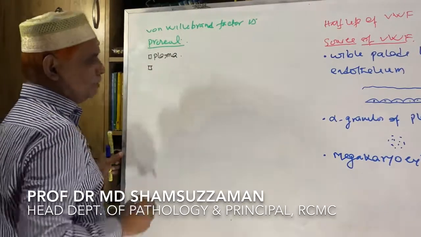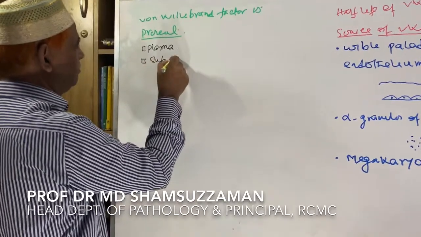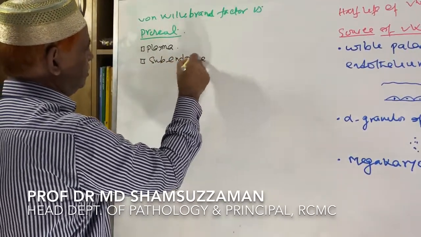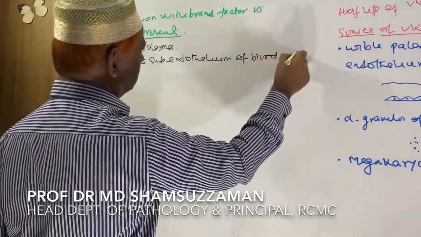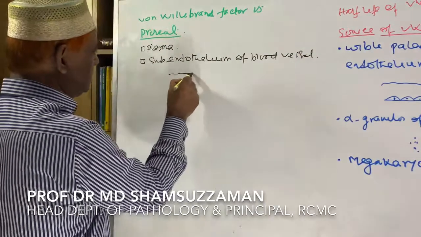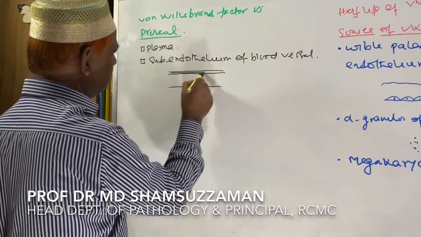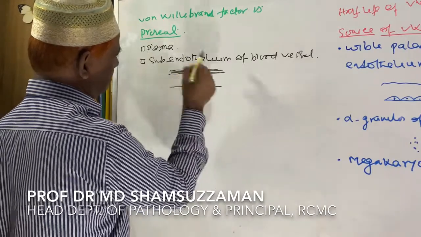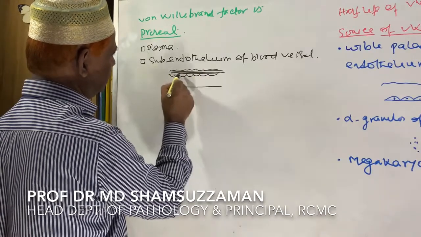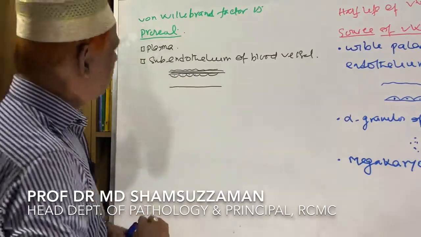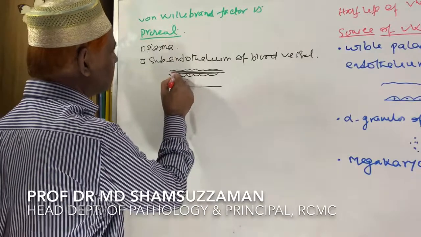It is present in the subendothelium of blood vessel. If this is the blood vessel, this is tunica media, tunica adventitia, and this is the lining endothelium. So von Willebrand factor is present in plasma, and also in subendothelium.